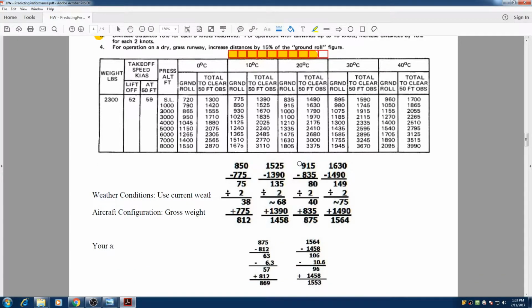So in other words, we have 812 and we have 875. We got it from interpolation between these two numbers and these two numbers. They're all together, so you have to look at ground roll and total to clear 50-foot obstacle together.